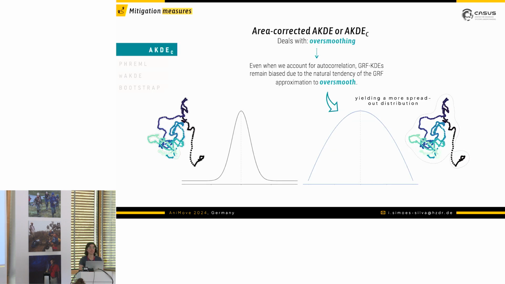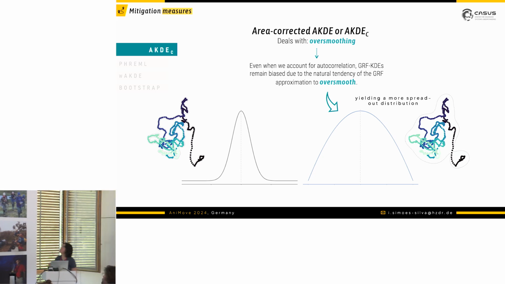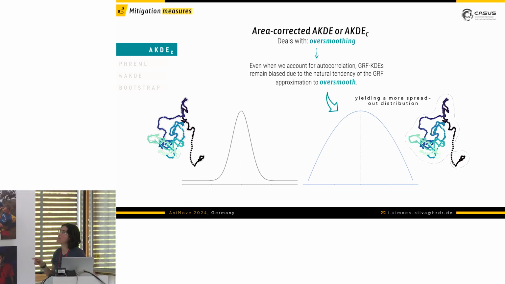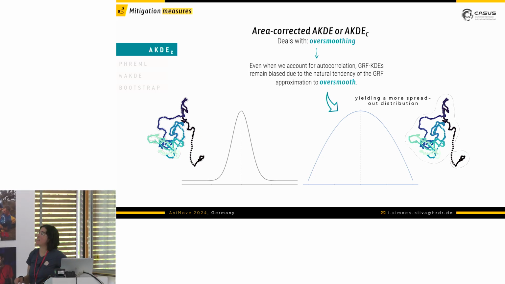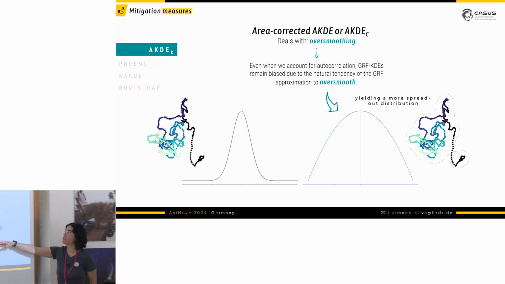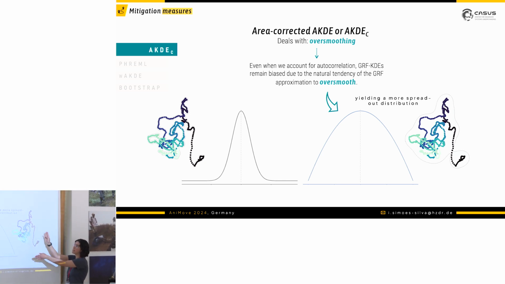Okay, sorry, yeah. So the first one, again, you saw that sometimes I had added a C to the AKDEC. It's essentially one of the first mitigation measures that was applied into the AKDE. It essentially deals with this oversmoothing. So you saw sometimes that the home range estimates kind of spill out too much from the locations, right?